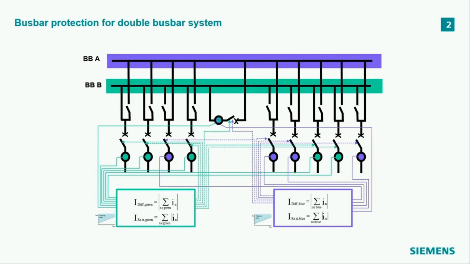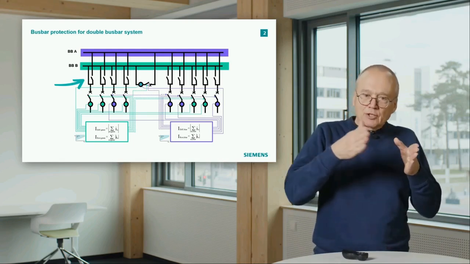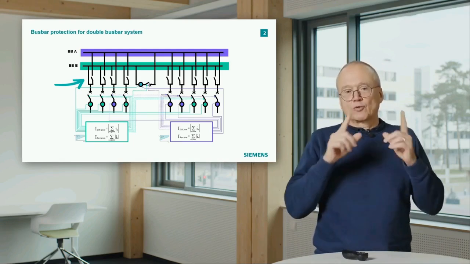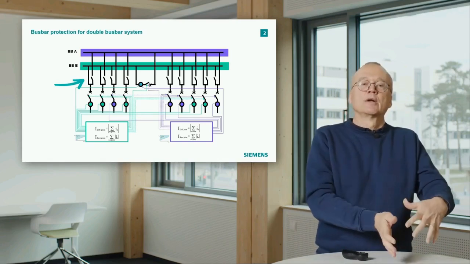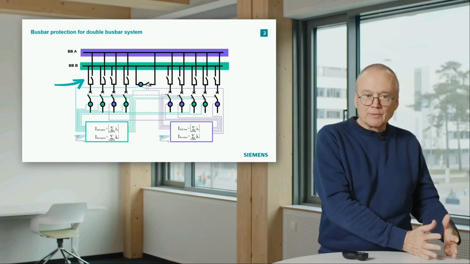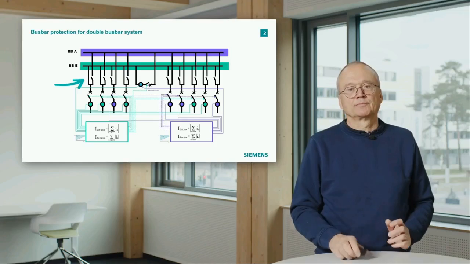into another algorithm. You see here, for instance, this feeder, one isolator is closed, the other one is open. That means we must take into account the position of all isolators to find out, is this measured current now part of the green equation or part of the purple equation?